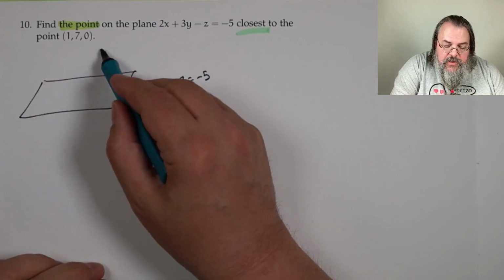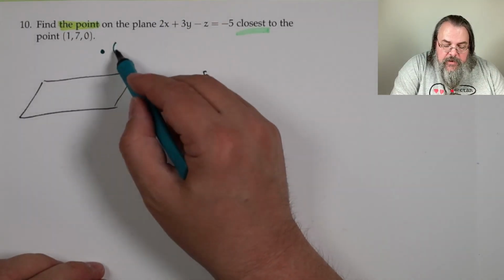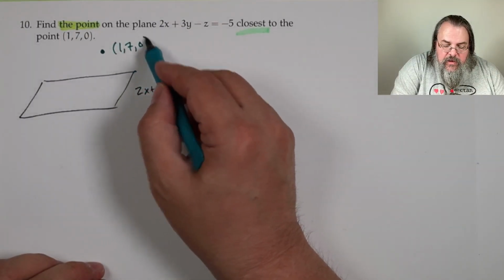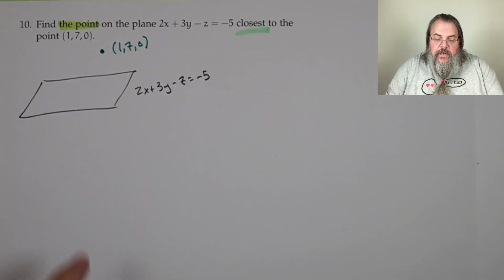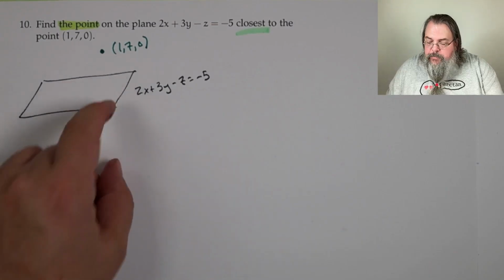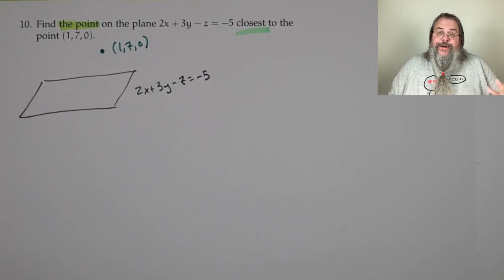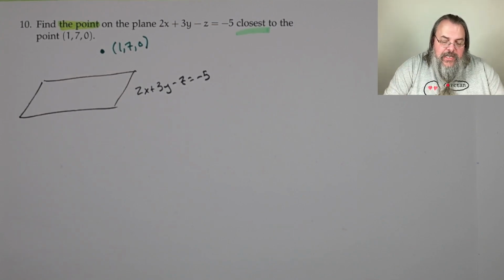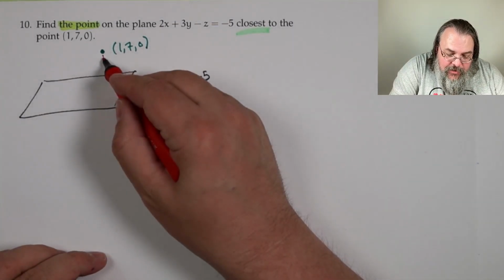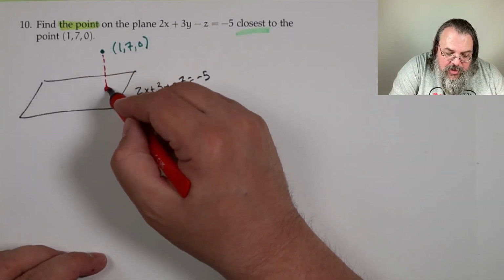And of course, I'm making the picture very simple so everything looks nice, but start with easy pictures. Now, we want the point in this plane closest to that point. When you hear closest or nearest, you should say, oh, if I were to connect down to the closest point, what should be true?